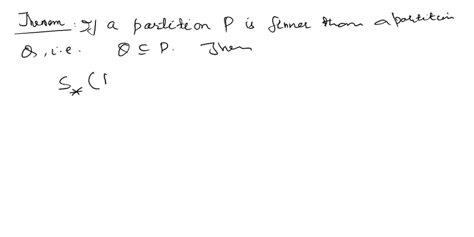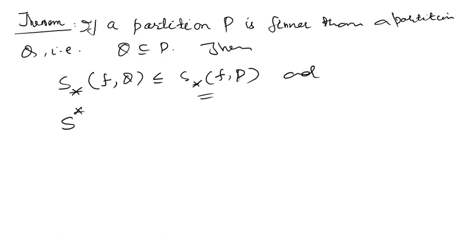The lower sum of f with respect to the partition Q is less than or equal to the lower sum of f with respect to the partition P, because P is finer and contains more points. But the upper sum will decrease. The upper sum of f with respect to the finer partition P is less than or equal to the upper sum with respect to the partition Q.